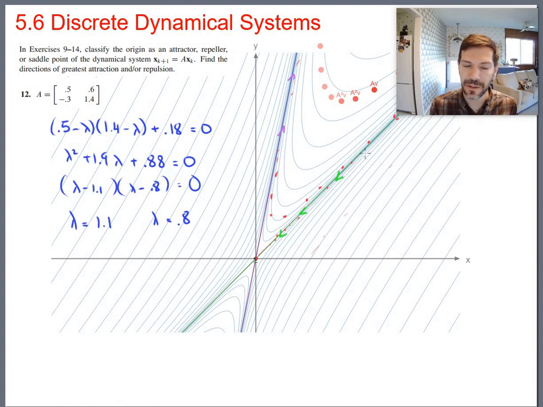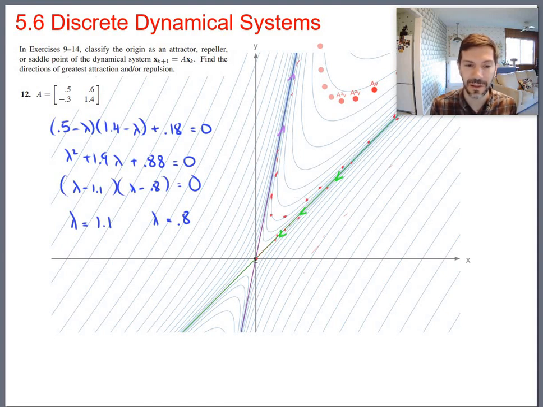So for this one, the direction of greatest repulsion is right along this purple. That's repelling the hardest away from the origin. And the direction of greatest attraction toward the origin is this green.